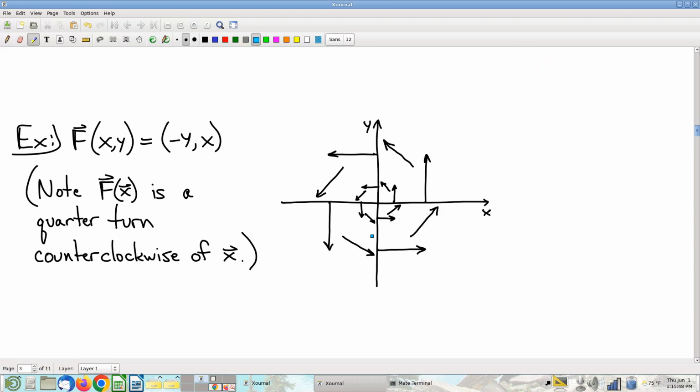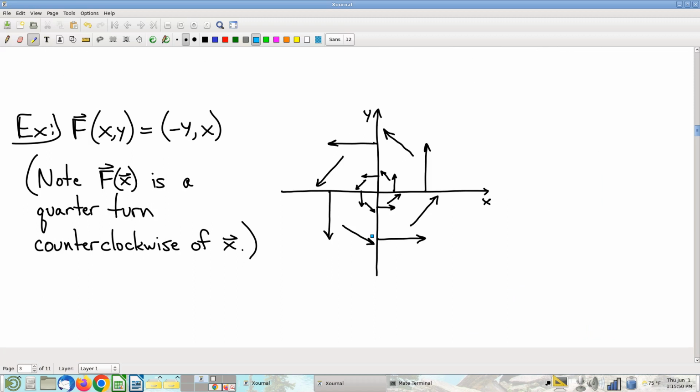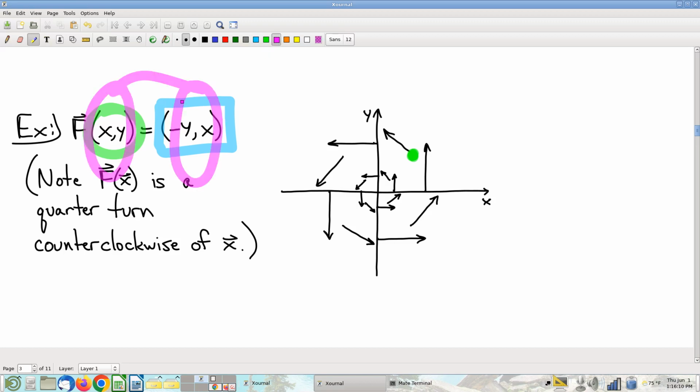Okay, here's a fun one. For every point x comma y, for example, there. What can I say about the field vector here? Well, it's not the same, right? But I will point out it's very easy to observe that the dot product here is 0. You might not have noticed that off the top of your head, but now that I say so, it's easy to compute that dot product. It's clearly 0.